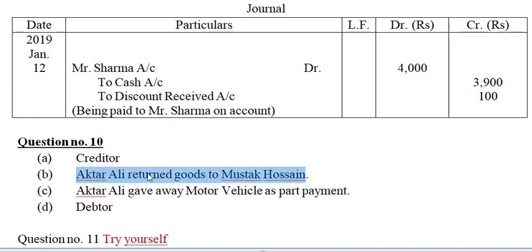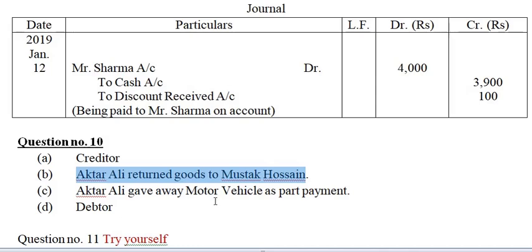So Akhtar Ali is returning goods to Mustaq Hossain. That's why Mustaq Hossain has been debited. When Akhtar Ali returns the goods to Mustaq Hossain, he will receive, isn't it? So Mustaq Hussain, a personal account, will be the receiver. So debit the receiver. That's why his account has been debited by 260 returns.